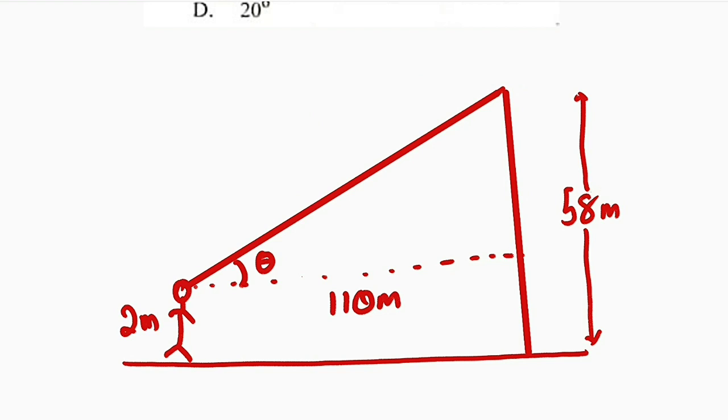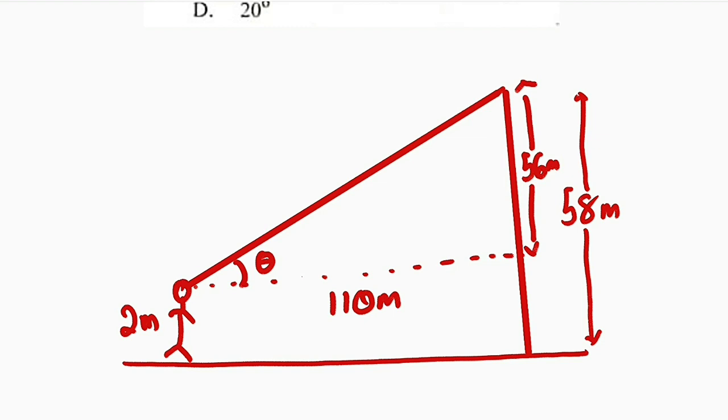So if the height of the building is 58 meters, what will be the height from this point to this point? All you have to do is to subtract her height, which is 2 meters, from this, right? So we have 56. So this is 56 meters.